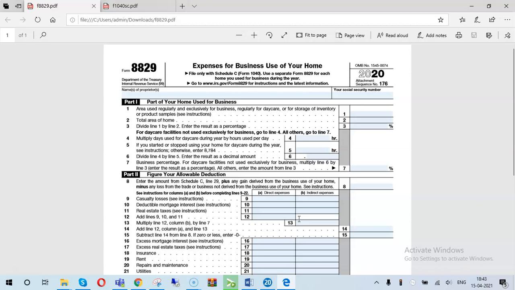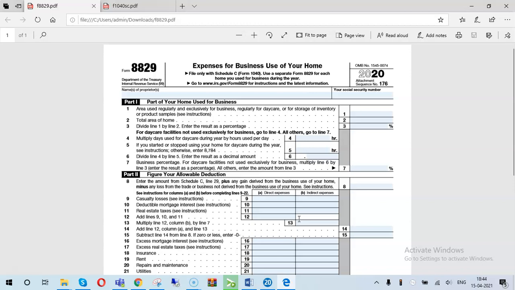You must meet specific requirements to deduct expenses for business use of your home. Even if you meet these requirements, your deductible expenses may be limited. Part 4 is used to figure any allowable carryover of expenses that are more than the limit. For details, you can see Publication 587, Business Use of Your Home.